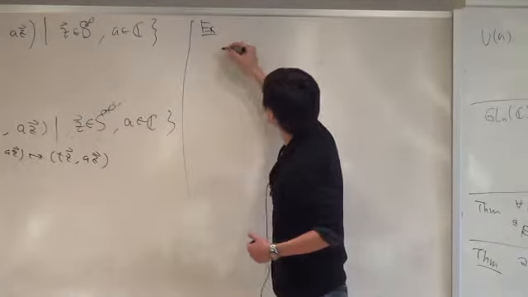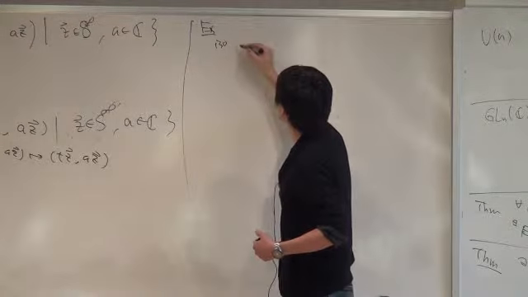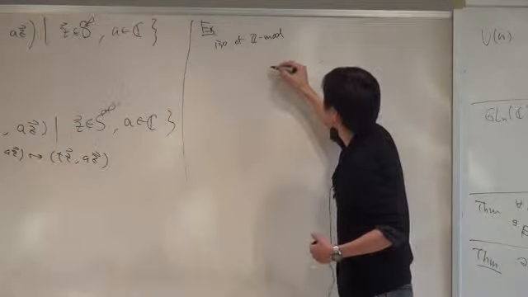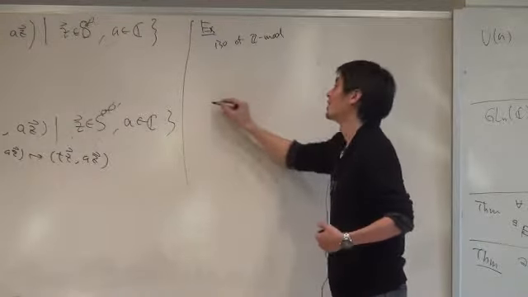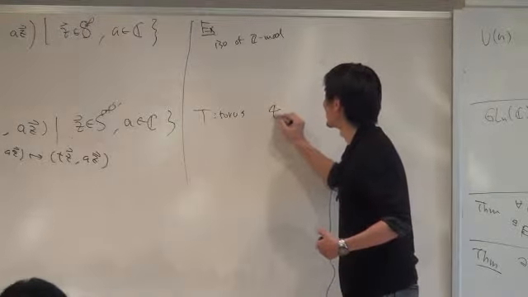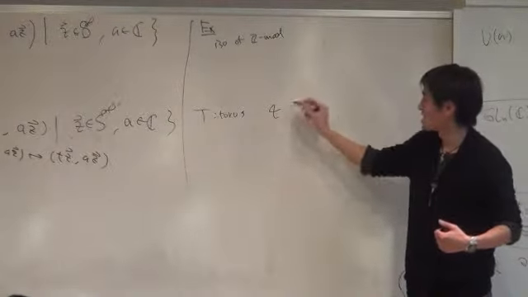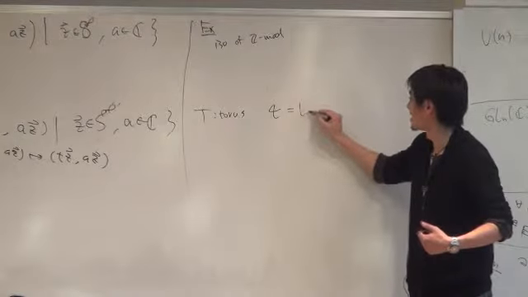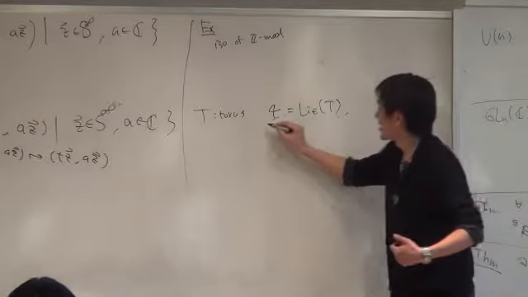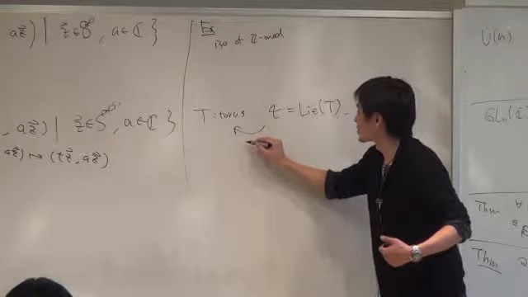So there is a natural isomorphism of Z-modules between... okay, before that, T is the torus, and this frak t is the Lie algebra, and there is the exponential map.